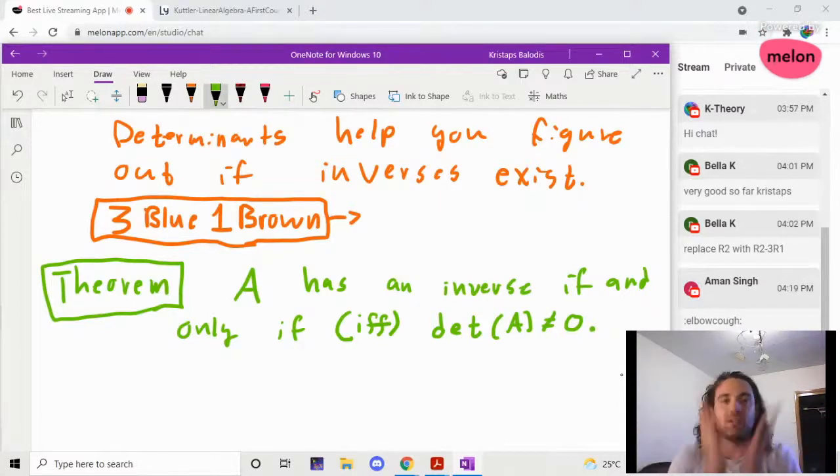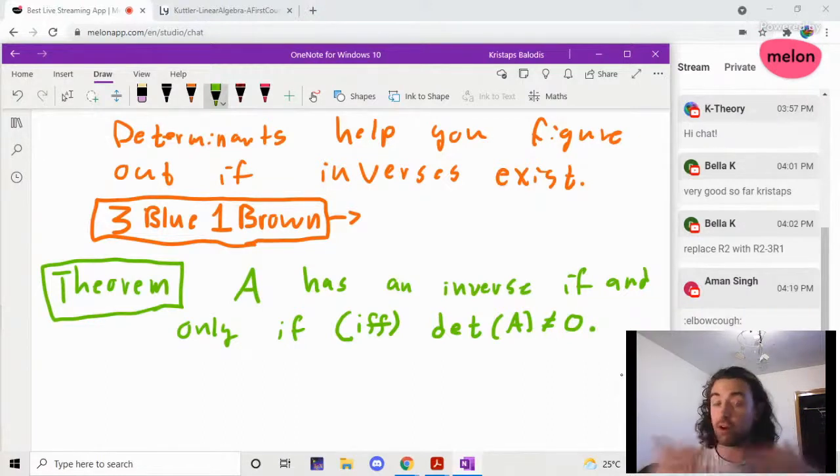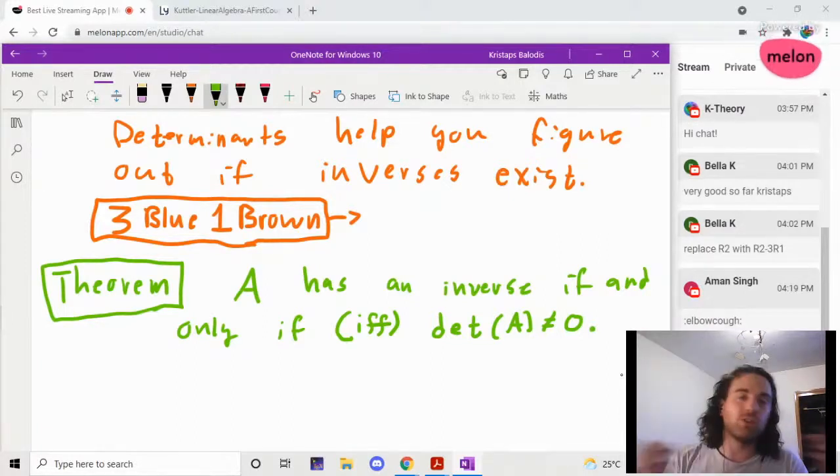So we saw row operations help us solve these linear systems of equations. But then there are certain problems where it's actually easier if you know whether or not an inverse exists. So it might be nice to have a quick way to figure out if inverses exist or not. And the determinant helps do that because of this rule.